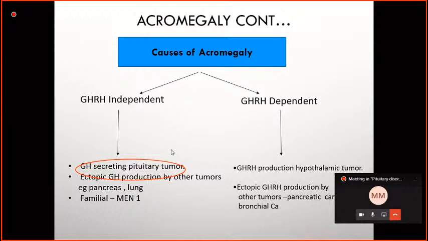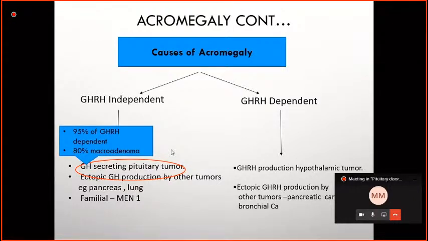So it can occur together with other endocrine disorders. MEN1, if I'm not mistaken, involves parathyroid adenoma or parathyroid hyperplasia, which can also occur together. But the most common is a pituitary tumor which secretes growth hormone.